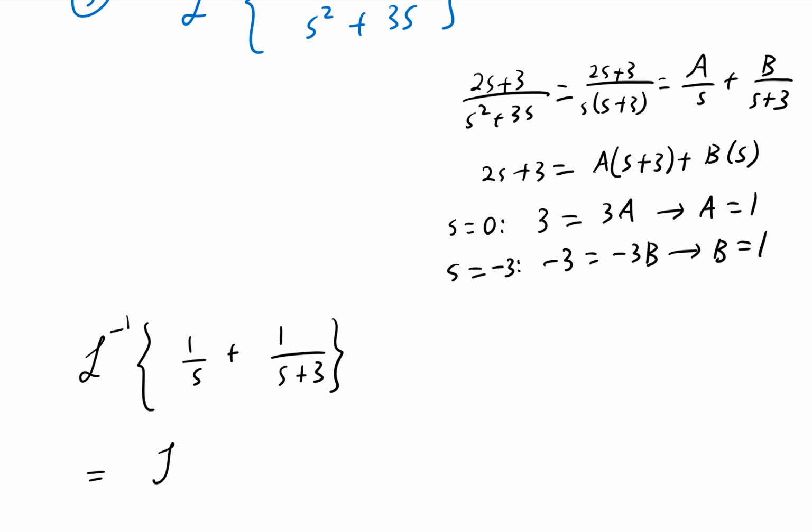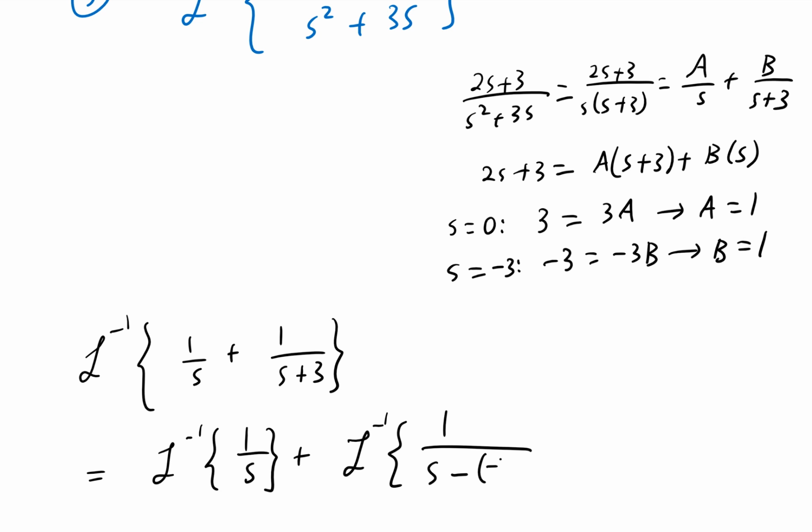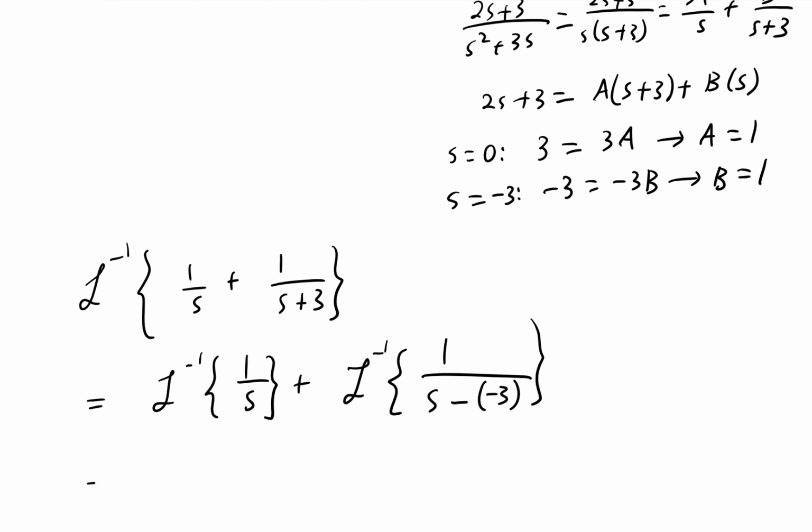And now by linearity of inverse Laplace, you can rewrite it this way. The plus 3, you can write it as minus negative 3. The inverse Laplace of 1 over s is 1. Inverse Laplace of this is e to the power at, and a is negative 3.